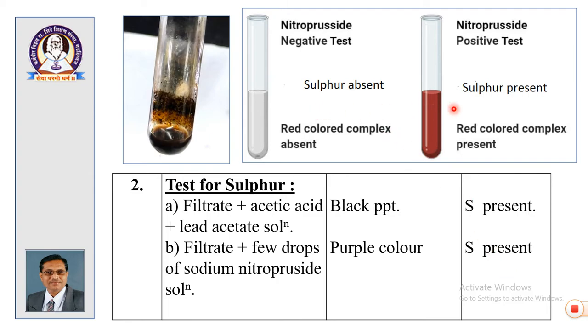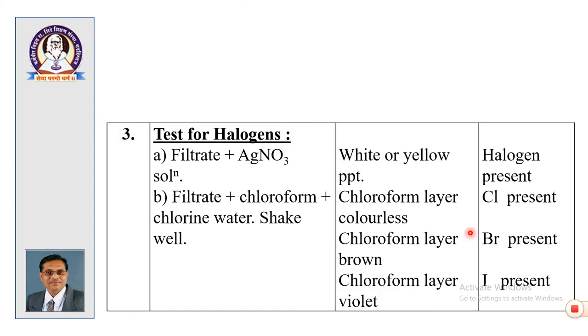So these two tests indicate presence of sulfur. So this is related to the second element. Then for the third, possibilities of halogens. The sodium extract, filtrate plus HNO3, gives a white or yellow precipitate. So it indicates presence of halogen. When halogens are present, you have to differentiate.